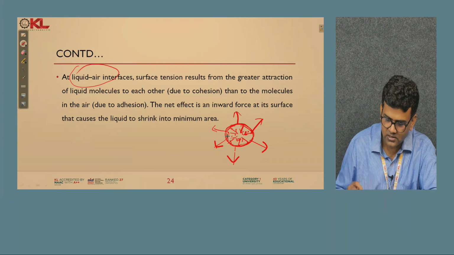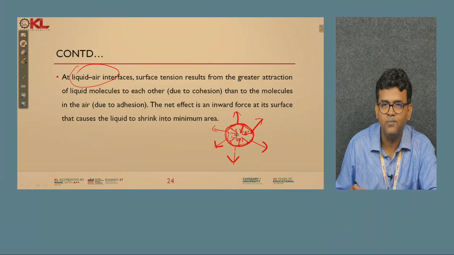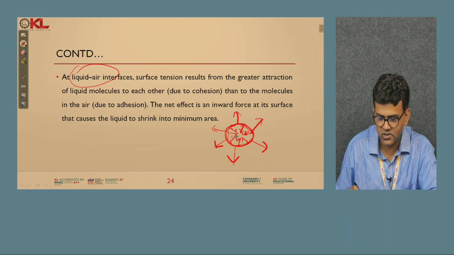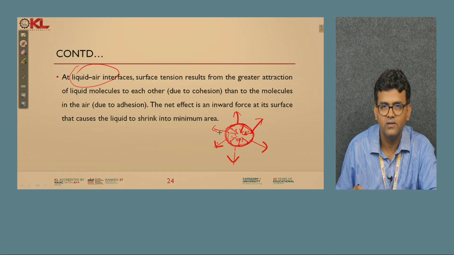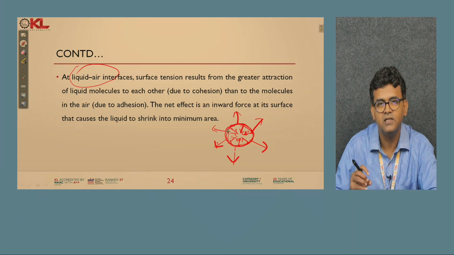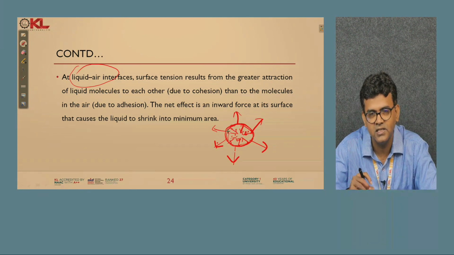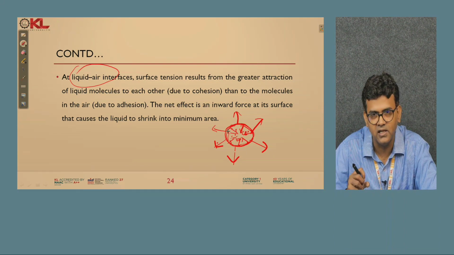And because the inside pull-in, that is, the forces because of the molecules inside, is more dominant than the outside forces, that's why it is shrinking, that is, it is making the area shrink.